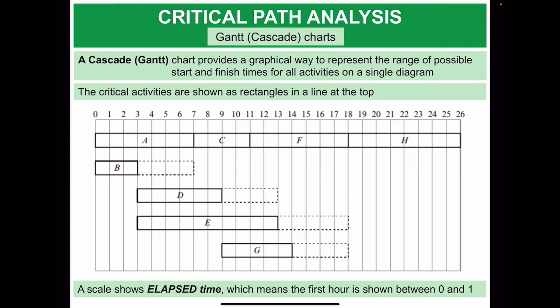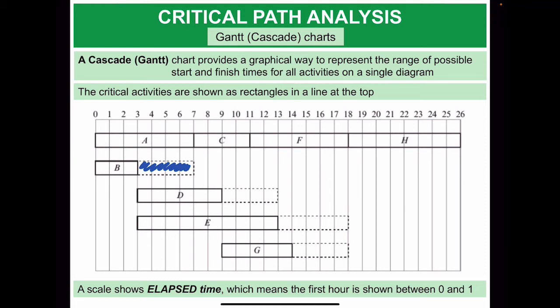And then the other activities that are non-critical, you will put them with their early time and late time, and you will also show their flexibility, their float. Okay, so that means how much flexibility they can have. That's what this shaded part represents, or this dashed line represents.